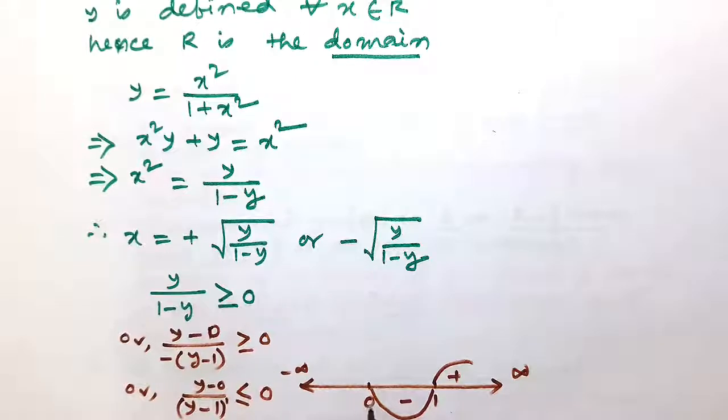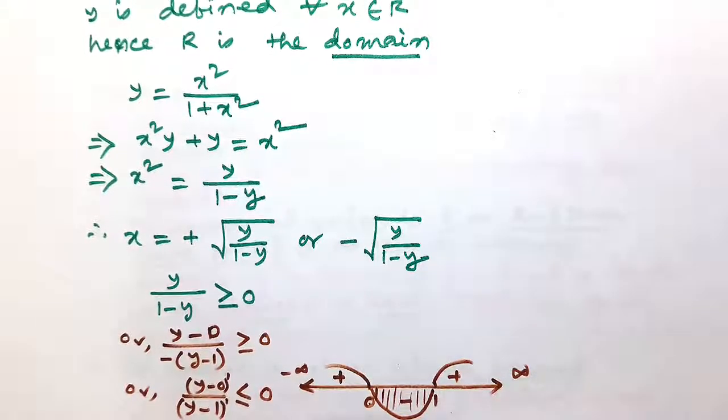And for the critical point 0, the factor is y minus 0. Its power is also 1, another odd number, so you have to change the sign again. So this is positive. Now friends, since the inequality sign is less than or equal to, you have to choose this part, that means from 0 to 1.